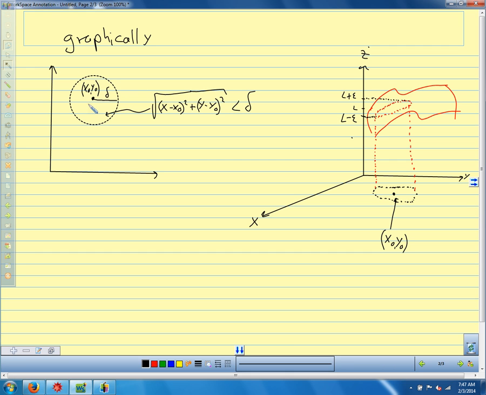So when we're thinking about limits of multivariable functions, remember that we can approach this point, (x0, y0), along any path. It's not just from the left and the right, it's from any path. The limits have to be the same on any path. And we'll expand on that a little bit more.